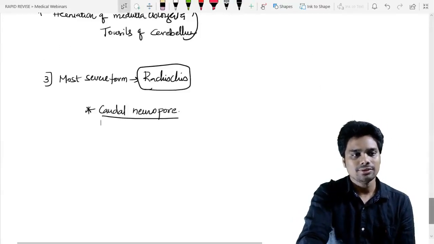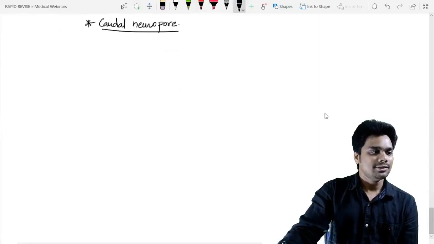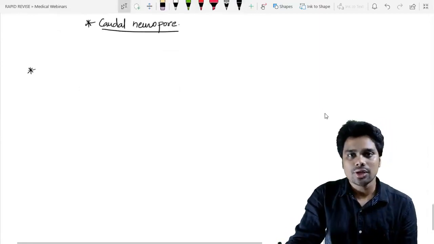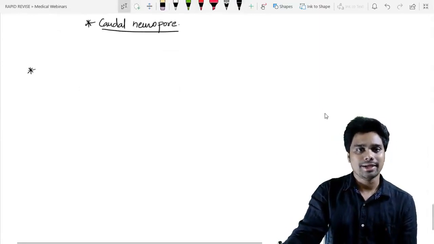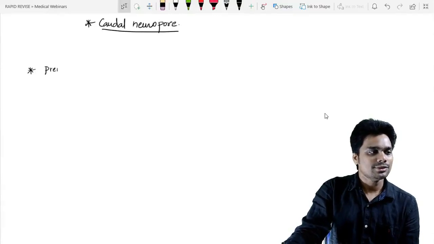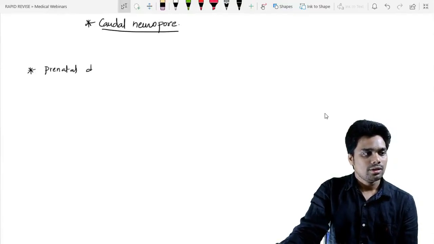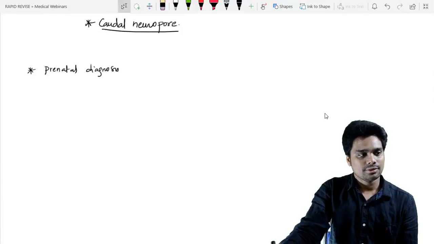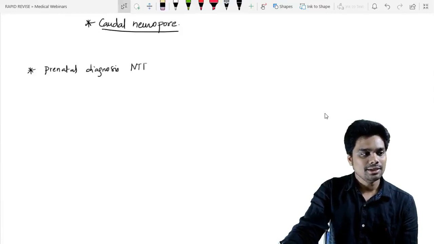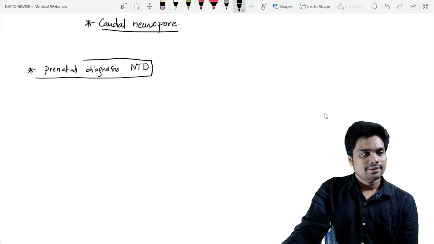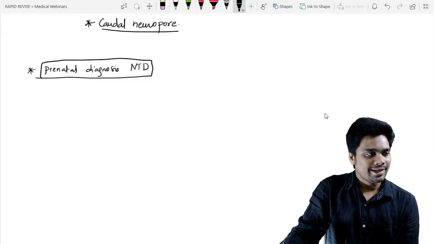Let us now try to have an insight into how to diagnose neural tube defects in the prenatal period. That is the prenatal diagnosis of neural tube defects. What happens here? There are three diagnostic tests.